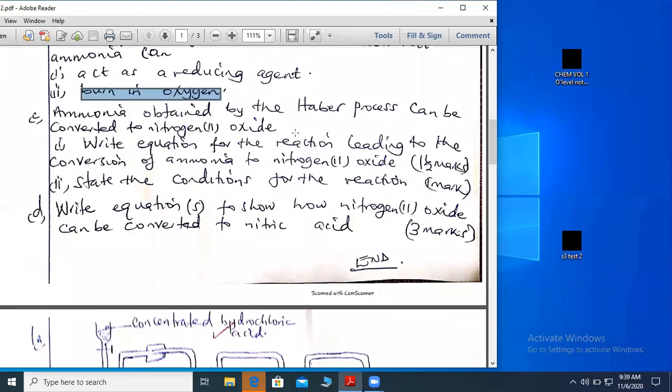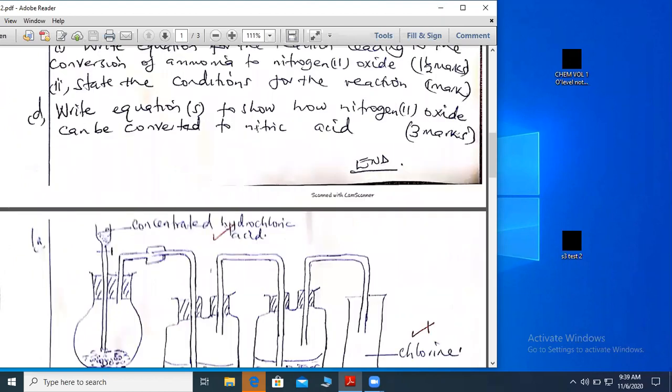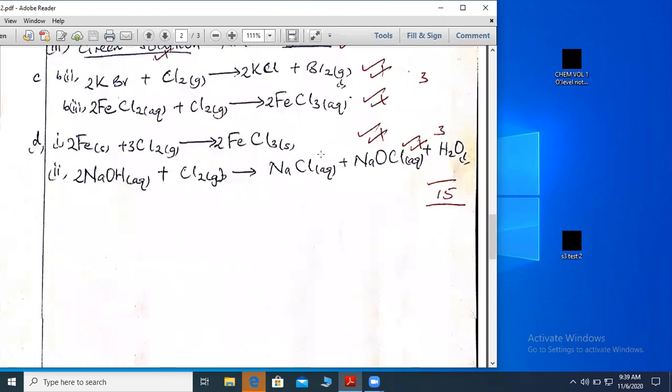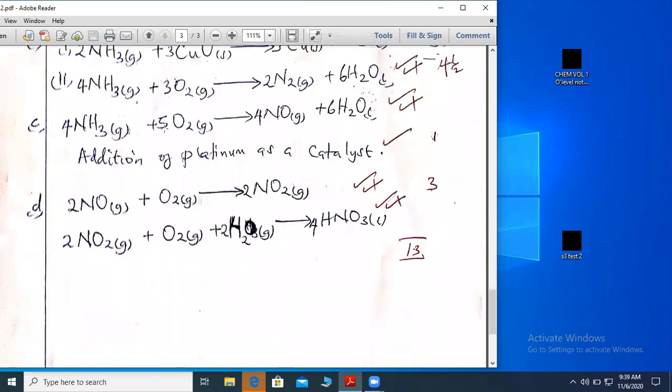Ammonia obtained by the Haber process can be converted to nitrogen 2 oxide. Nitrogen 2 oxide means nitrogen is using a valence of 2, and oxygen also has a valence of 2. So the compound is NO, which is nitrogen monoxide. And the equation was this: ammonia plus oxygen, you get nitrogen monoxide.